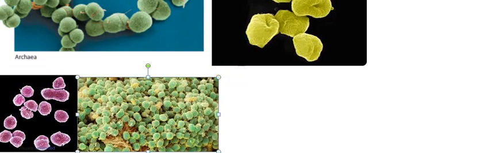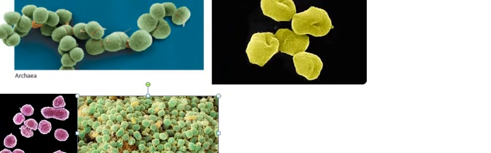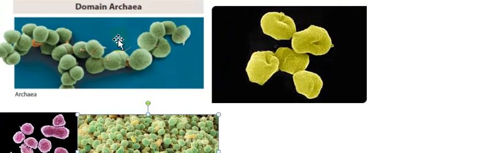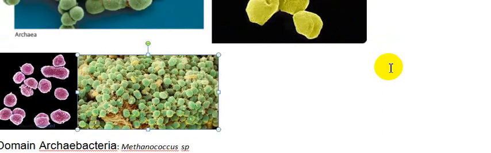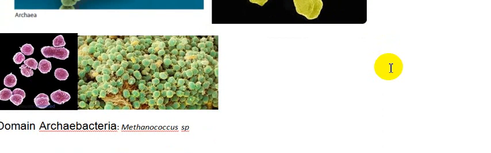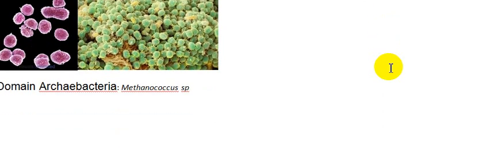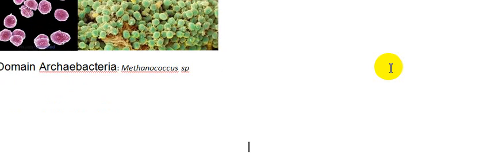These are examples for domain Archaea. Archaea, as you know, live in harsh conditions, such as very hot springs, very salty or alkaline places, or places where there is a lot of gas like methane, like here the Methanococcus species.